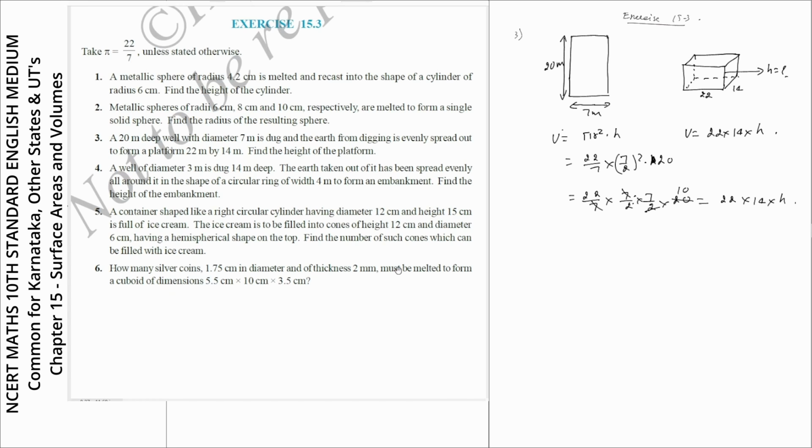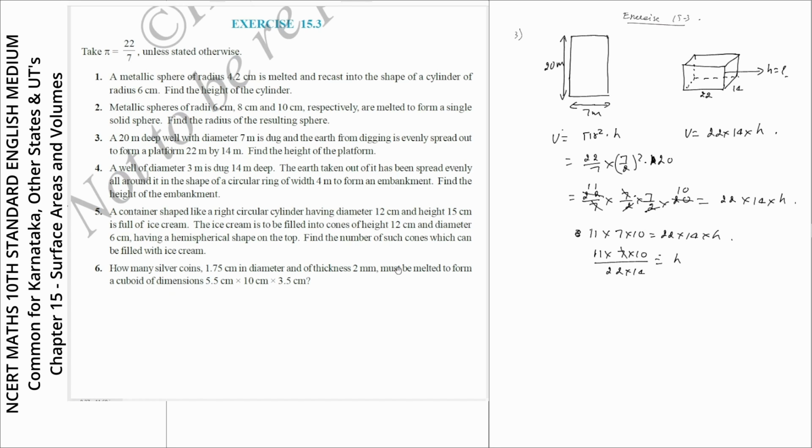Now 2 ones are 2, 2 elevens are 22. So I'm left with 11 into 7 into 10 is equal to 22 into 14 into h, or h is equal to 11 into 7 into 10 by 22 into 14.